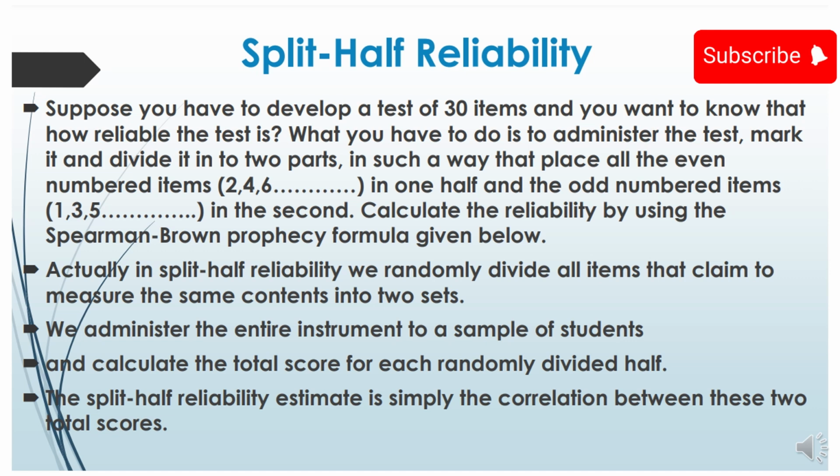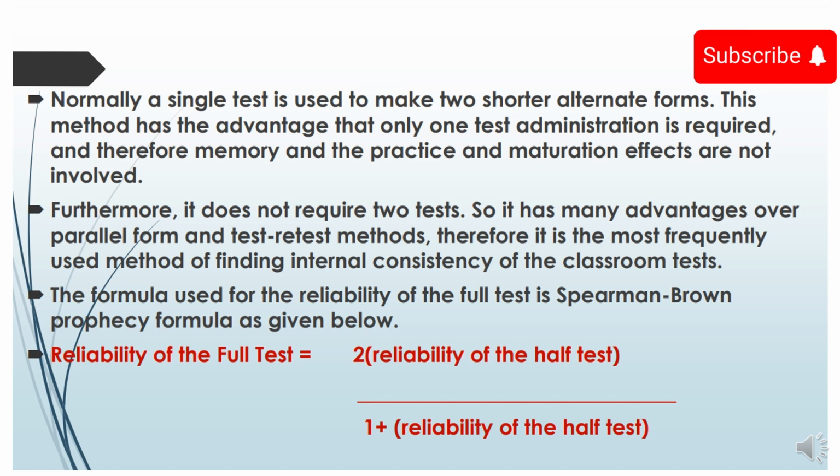Actually, in split-half reliability, we randomly divide all the items that claim to measure the same content into two sets, and we administer the entire instrument to a sample of students and calculate the total score for each randomly divided half. The split-half reliability estimate is simply the correlation between these two total scores. So normally a single test is used to make two shorter alternate forms.